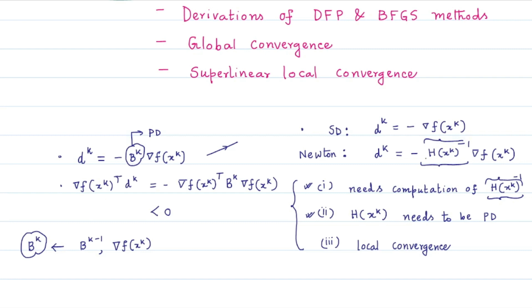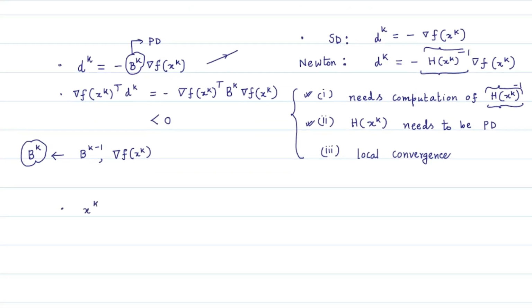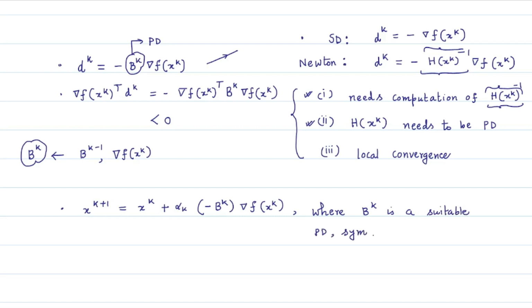That is, we are replacing the Hessian inverse in the Newton's direction by this approximated matrix Bk and get the iterative formula as xk plus 1 is equal to xk plus alpha k times negative Bk times gradient f at xk, where this Bk is a suitable positive definite, and also we take a symmetric matrix that approximates or mimics the inverse of the Hessian of the function, where this alpha k is chosen as usual by the exact line search along the direction dk or by an inexact line search along the direction dk.